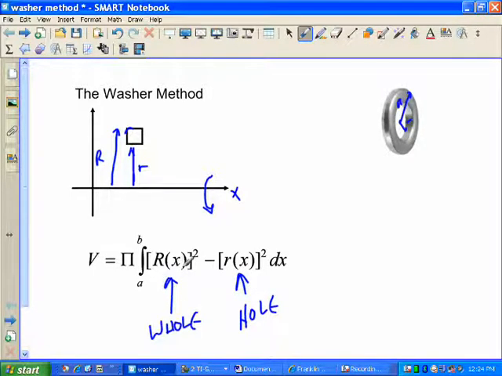Typically we're just going to do the whole minus the hole. And it is important that it's pi big R squared minus little r squared. We don't want to do the subtraction and then square it. That gets us a different shaped object. Okay? So that's the basic idea.